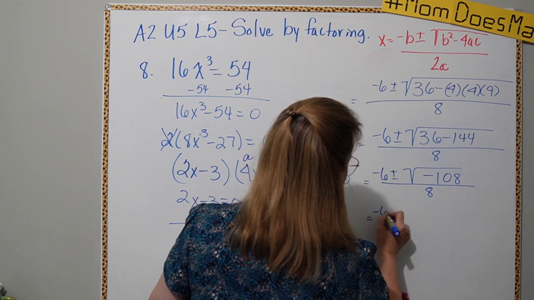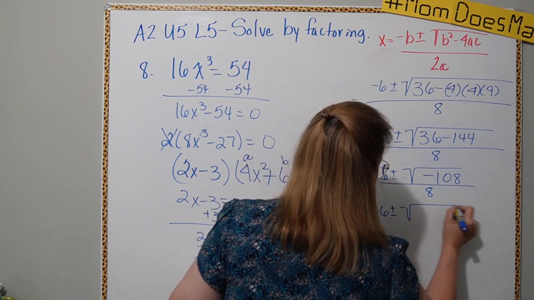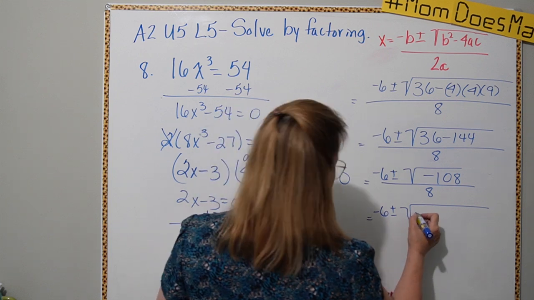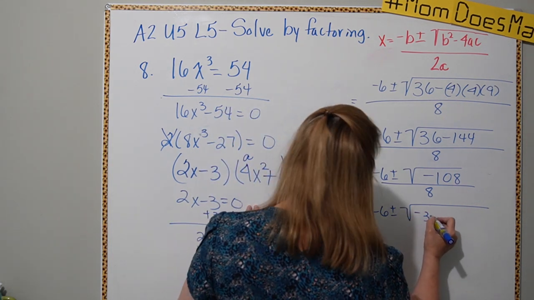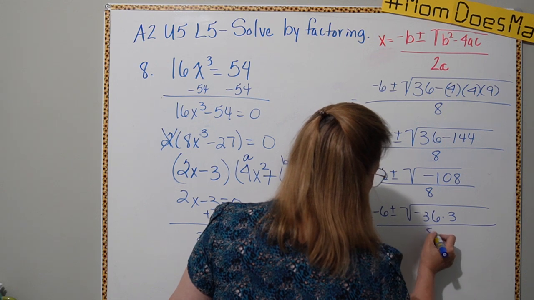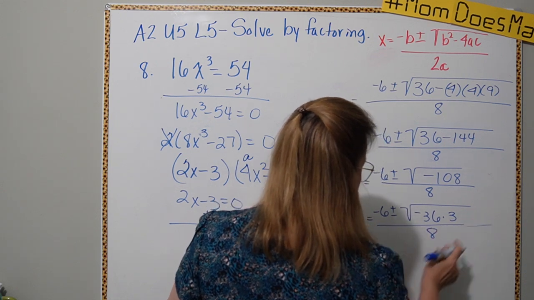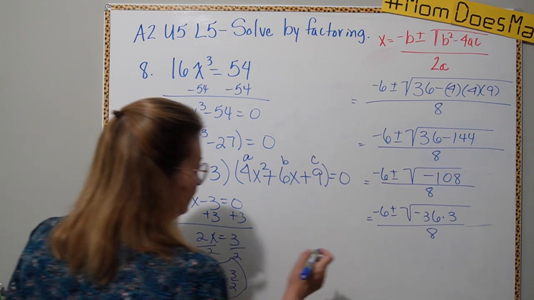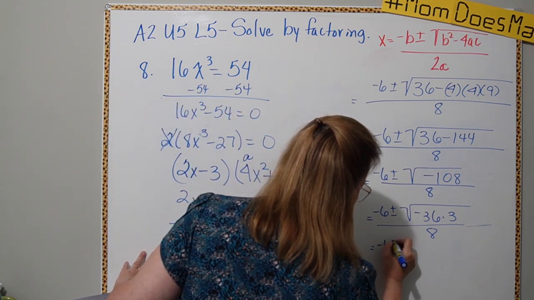All right, factoring down. A perfect square that will go into negative 108 is negative 36 times 3 over 8. Okay, so now what is the square root of negative 36?